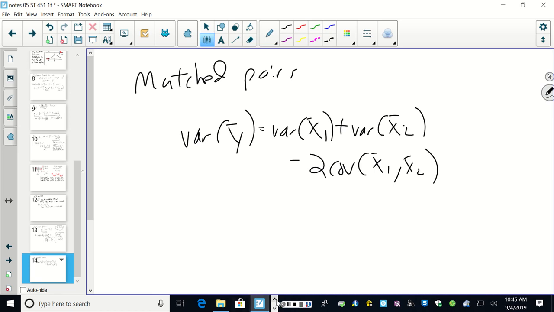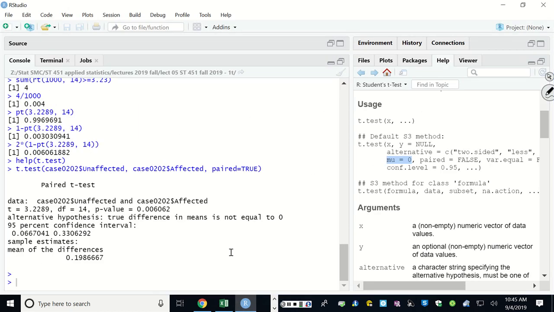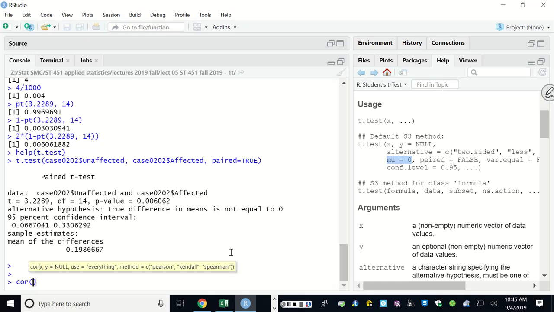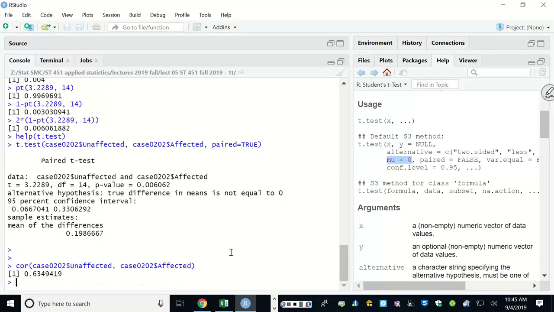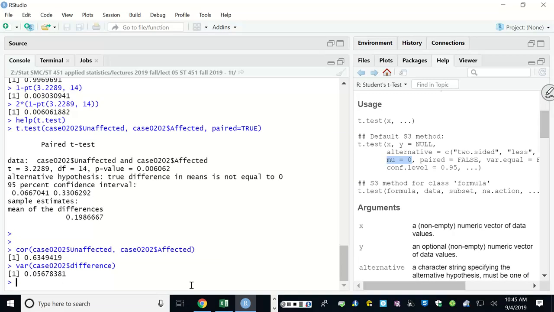The way you could look at that in R is to ask what's the correlation of the case O2 unaffected and the corresponding O2 affected. The correlation between these two is 0.63. The next thing to do, though we're basically out of time, is to calculate the variance of the differences.